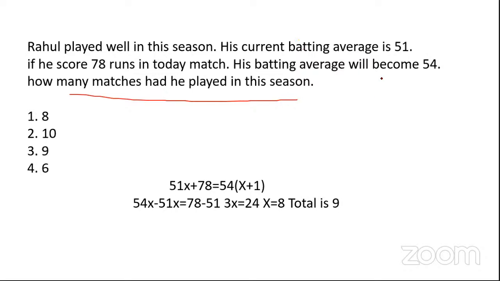Actually, his current batting average is 51, and they're asking how many matches he played. So we know average equals sum of observations divided by total number of observations.